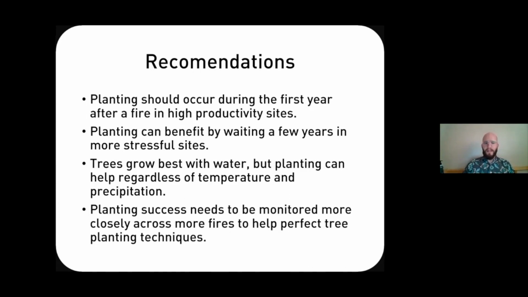And I think that planting success needs just more monitoring across more fires so that we can understand better the nuances of seedling establishment and try to perfect our ability to predict where to plant trees.